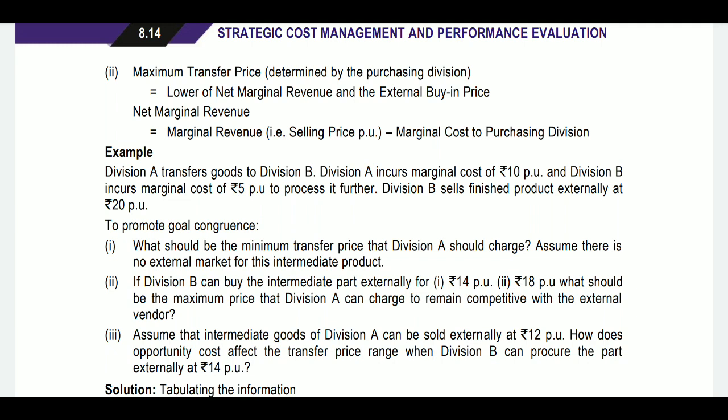Lower of NMR and EBR, net marginal revenue and external buying price. Net marginal revenue is marginal revenue minus marginal cost. Marginal revenue is 20, marginal cost in division B is 5 rupees, so 15 rupees. The maximum is 15 rupees or the external price, whichever is lower will be taken. In the first case, 15 or 14. We will go for outside, then it is a benefit. If you purchase internally, B will get a higher loss.